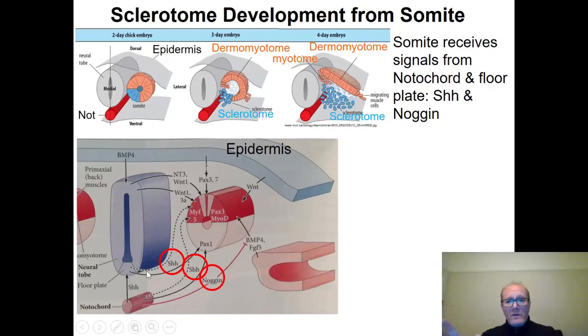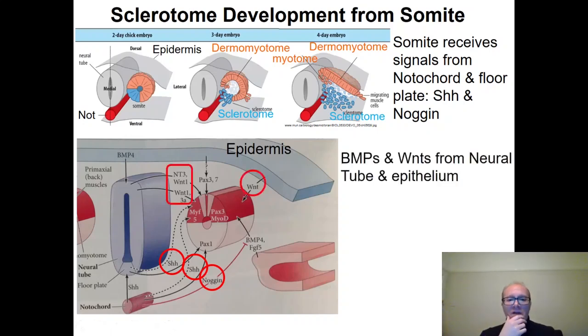Okay, we already talked about that. On the other hand, the ventral part of the somite receives signals from the notochord and the neural tube, SHH and Noggin, while the dorsal part of the somite receives Wnt signaling and BMP4 signaling, mostly from the neural tube and the epithelium.